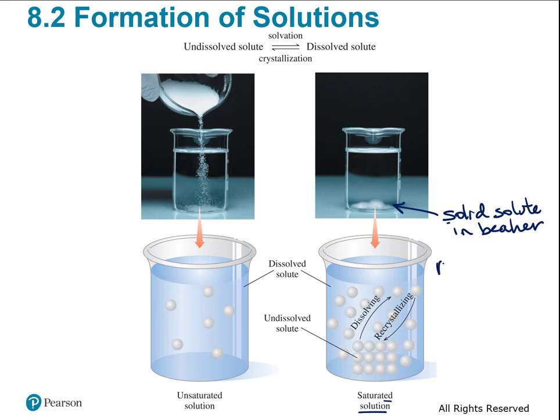So this is the maximum solute that can dissolve, a saturated solution. So you can have that with lots of different solutes, like honey is a saturated solution of sugar.